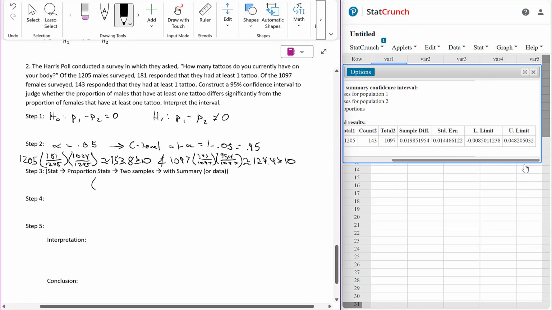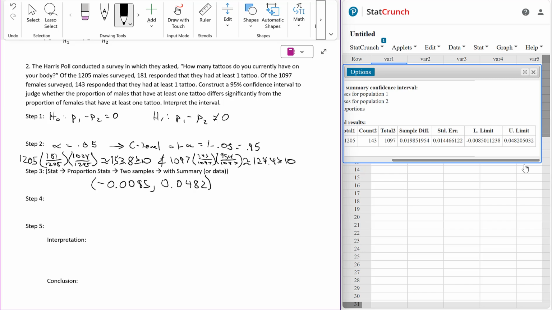So we're going to put that in our step 3 here. We got a minus 0.0085 and then we got a 0.0482. It'll tell you in the problem to go to 2 or 3 decimals generally, but all we want to see here is that 0 is in the interval. We go from a negative value to a positive value.